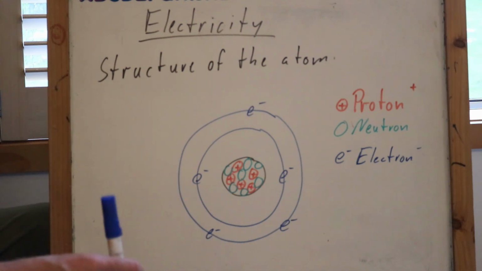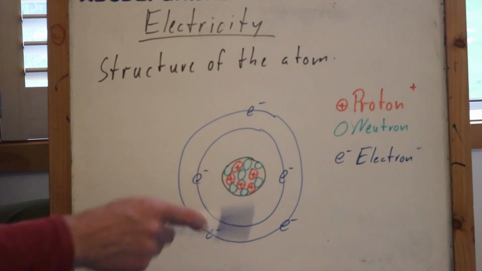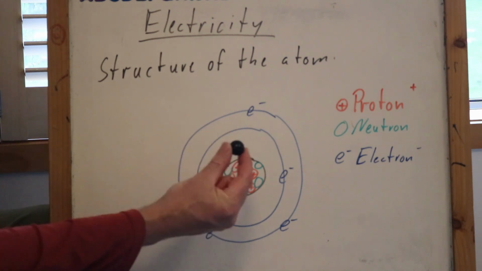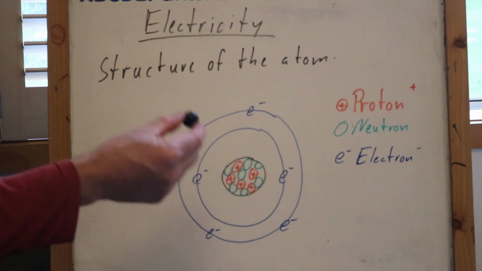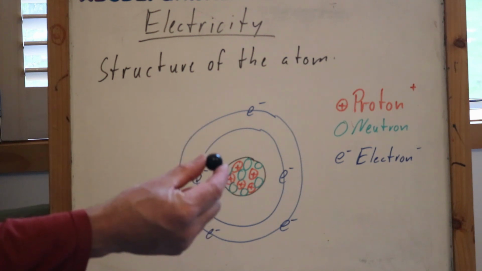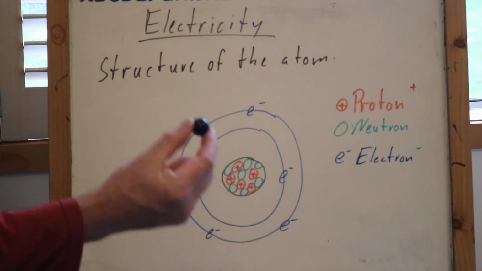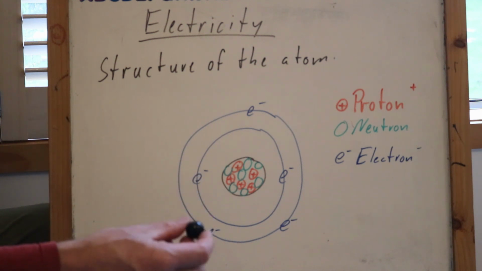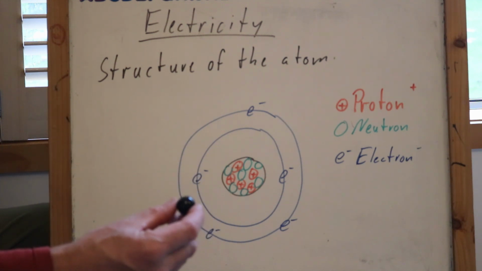The reason for that is that this nucleus is drawn way too big. If you imagine that this marble is the nucleus of an atom, then the atom that belongs to that nucleus would be the size of your average football stadium.